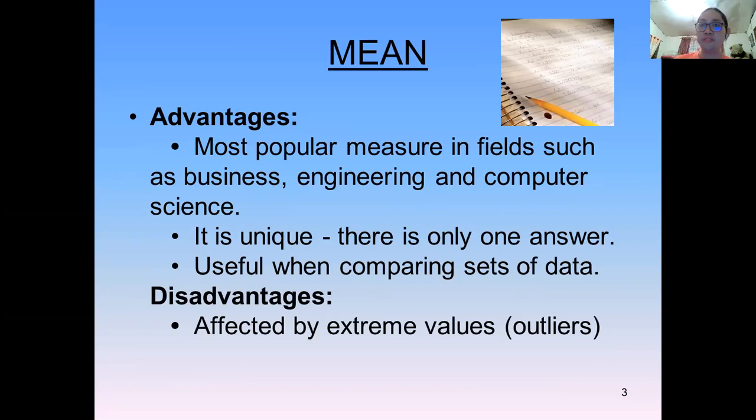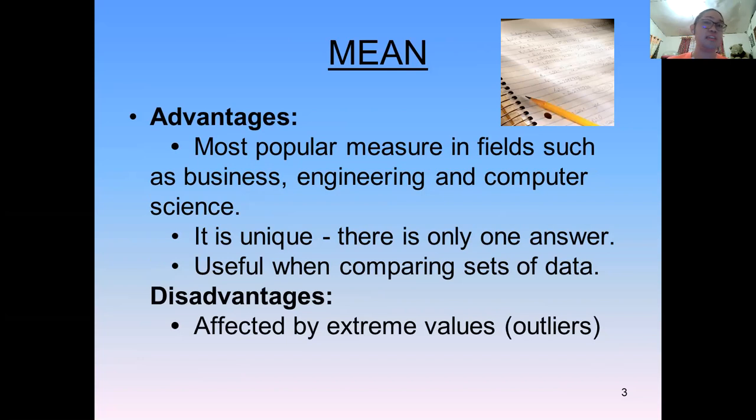Why? It has a unique answer; the mean is unique. There is only one answer. Another advantage of using the mean is that it is very useful when comparing sets of data.